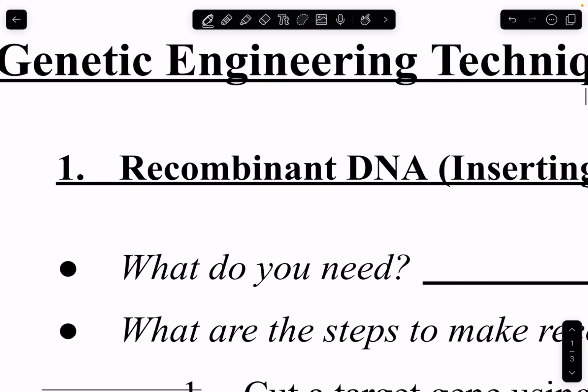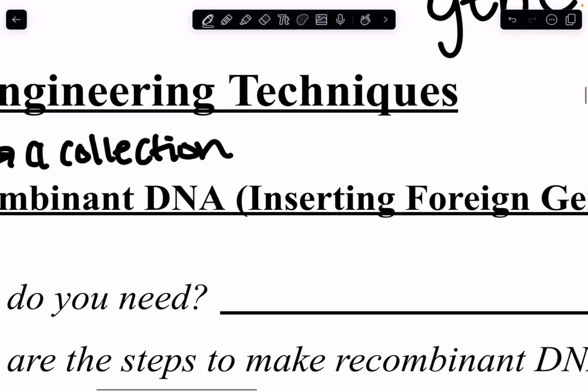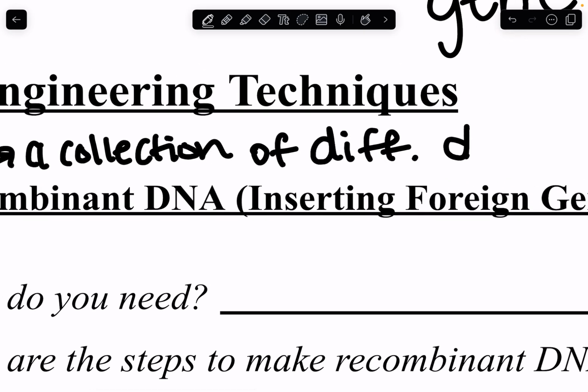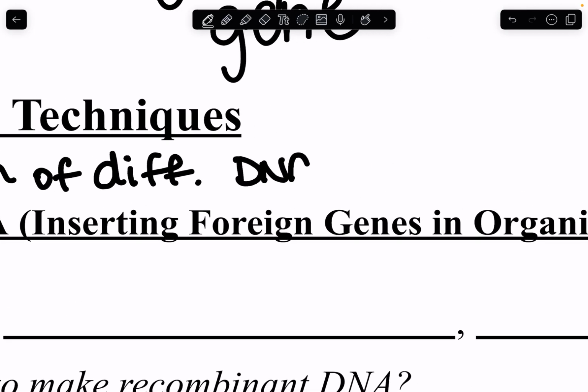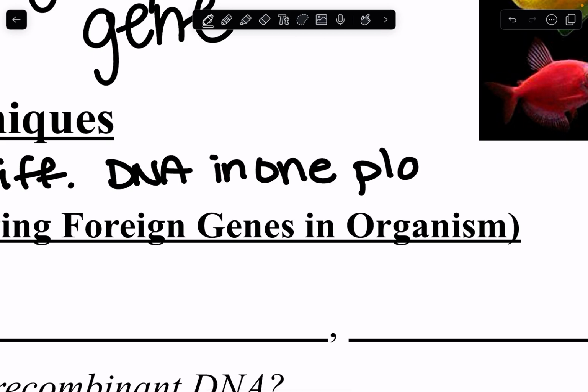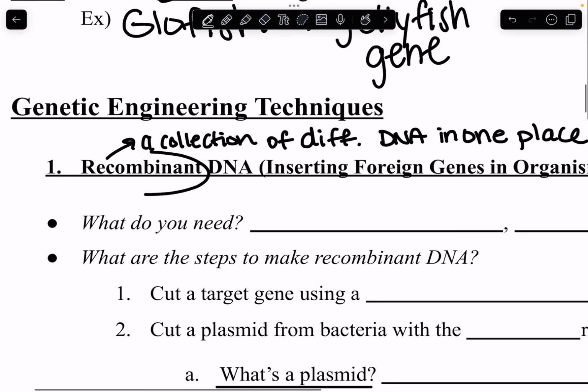Recombinant means a collection of different DNA in one place. Almost like recombining. The word recombining, recombinant, it's like the same thing.